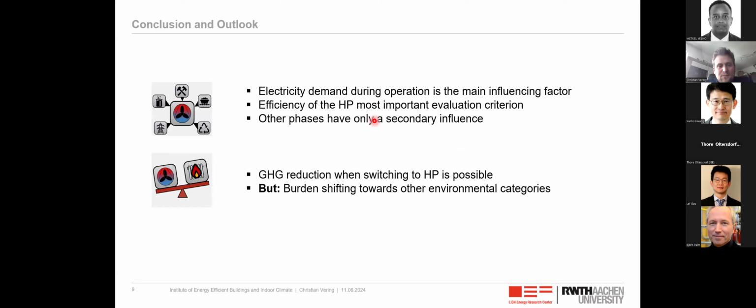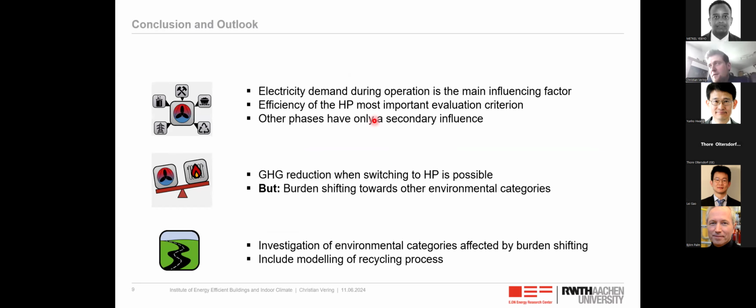And these are the findings that we integrate into the report. We see the electricity demand is the main influencing factor. Today, the greenhouse gas emissions will be improved by switching to heat pumps, but we saw burden shifting towards other environmental categories.